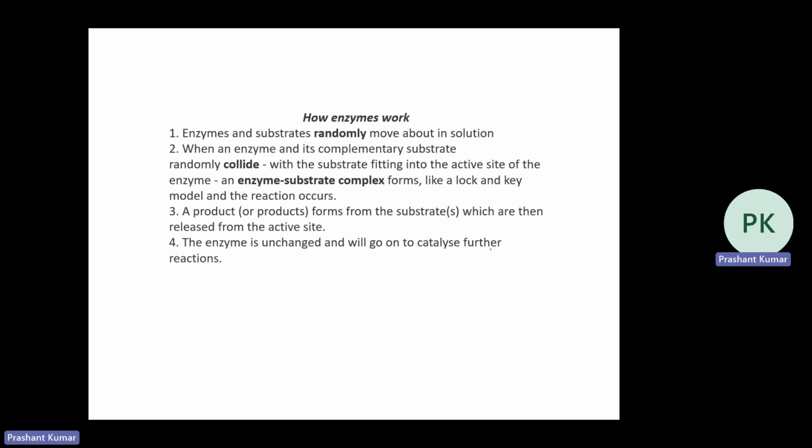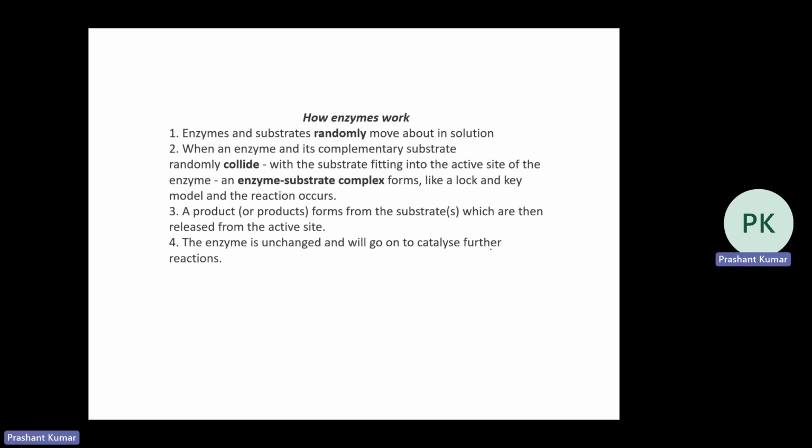How does an enzyme work? If the question asks how an enzyme works and it is a 4 mark question, you can frame your answer like this: enzyme and substrate randomly move in the solution. When an enzyme and its complementary substrate randomly collide, the reaction takes place due to collision of the molecules.